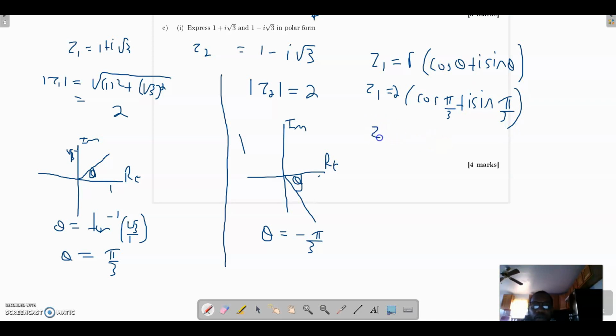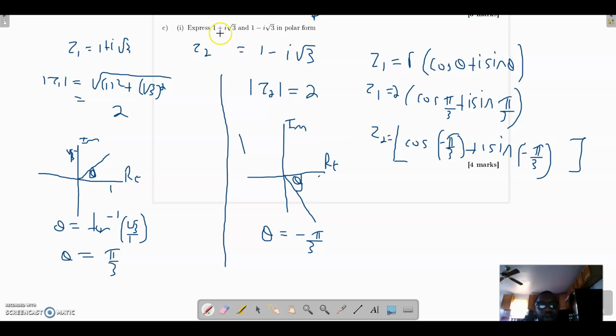For Z2, I'm going to change the bracket here because I need to put the negative in a bracket so we don't get a wrong impression. So this is going to be cos(minus pi over 3) plus i sin(minus pi over 3). So we have both of them in polar form.